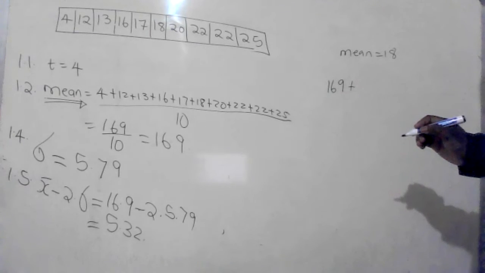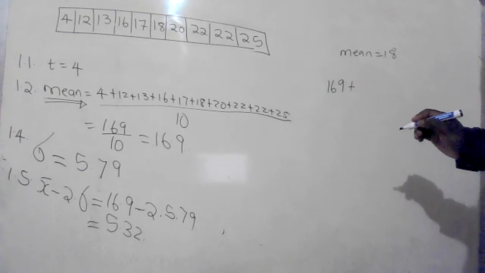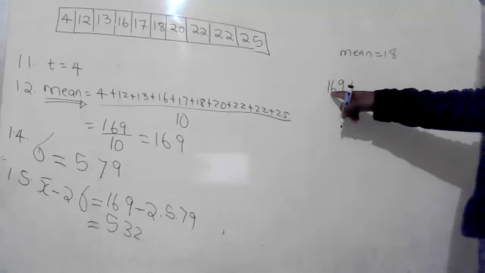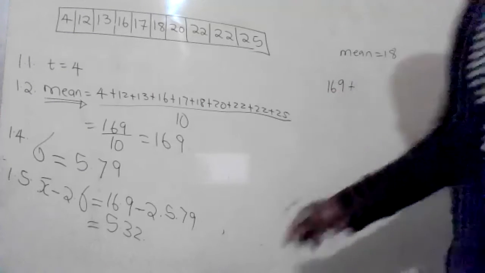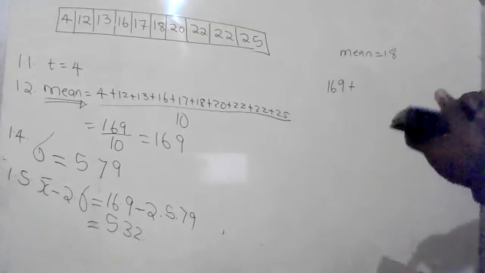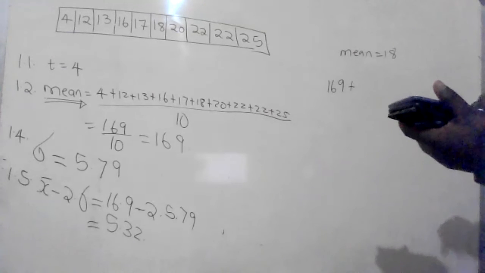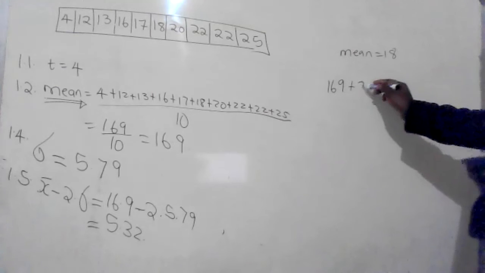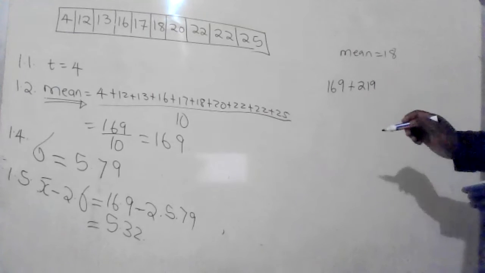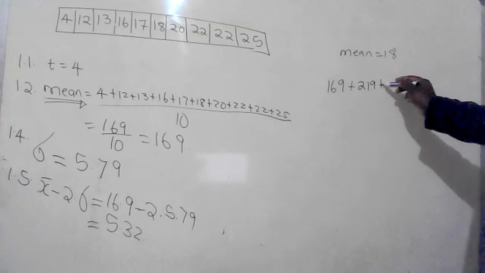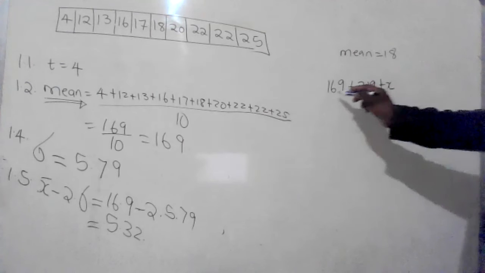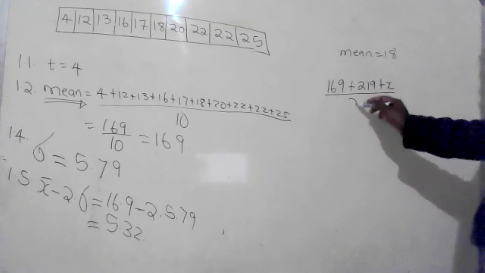I'm programming my calculator. Okay. 169 plus 50, which will be 219, right? And then this value you must add with X, and then you divide by 20.